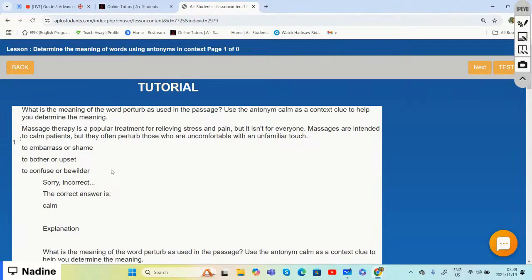So now, before we go to our test, let us quickly look at two activities. It says, what is the meaning of the word perturbed, as used in the passage? We need to use the antonym calm as a context clue to help you determine the meaning.